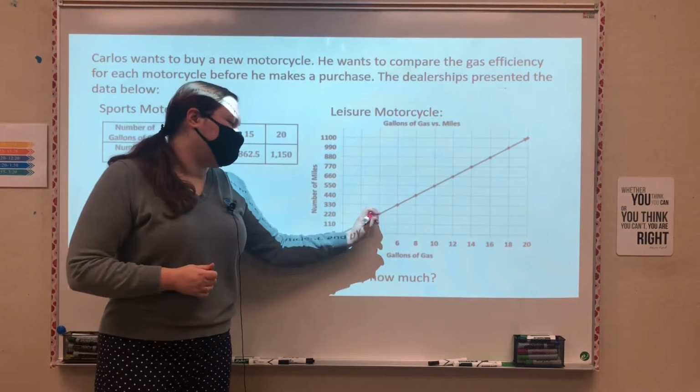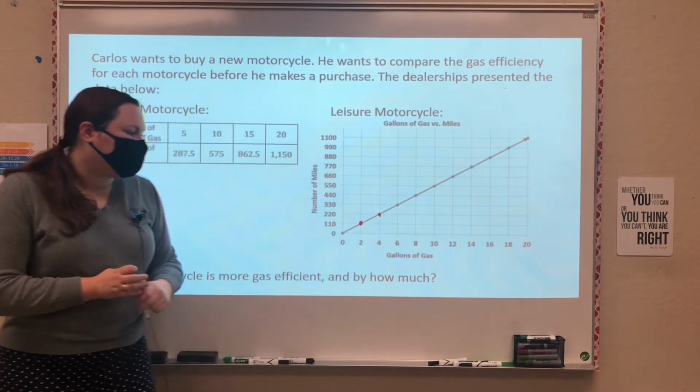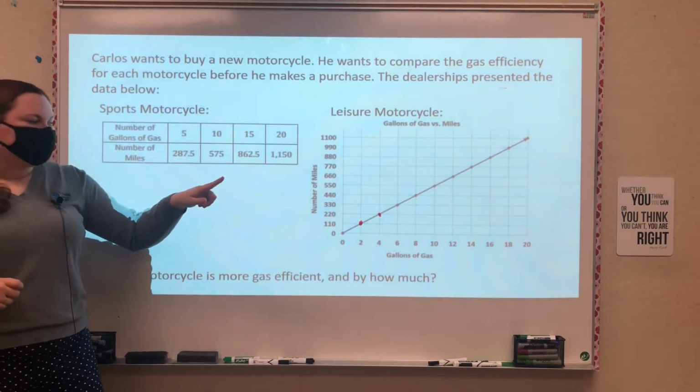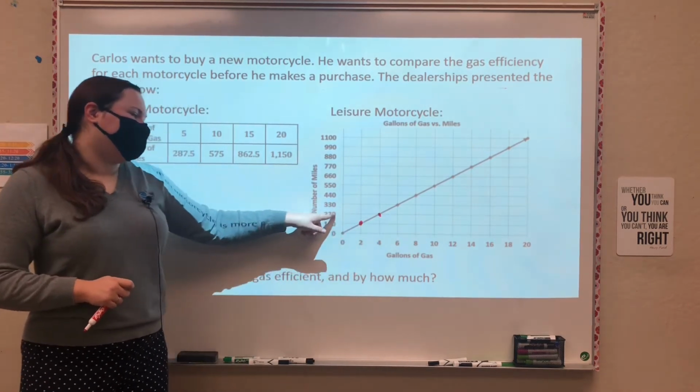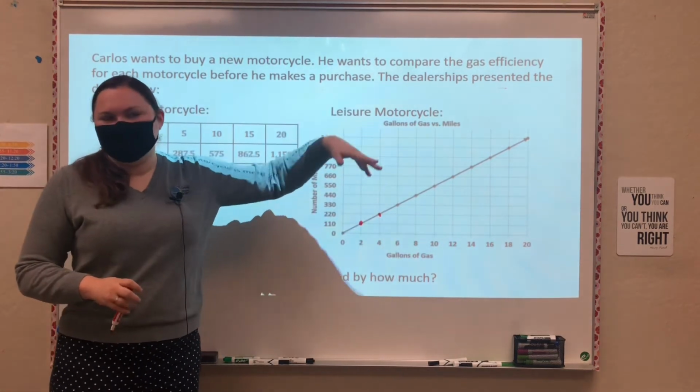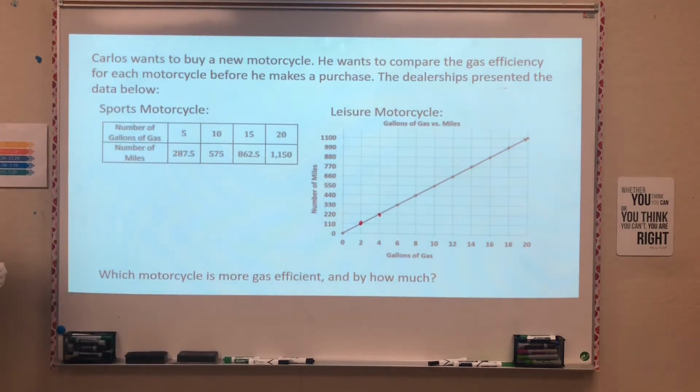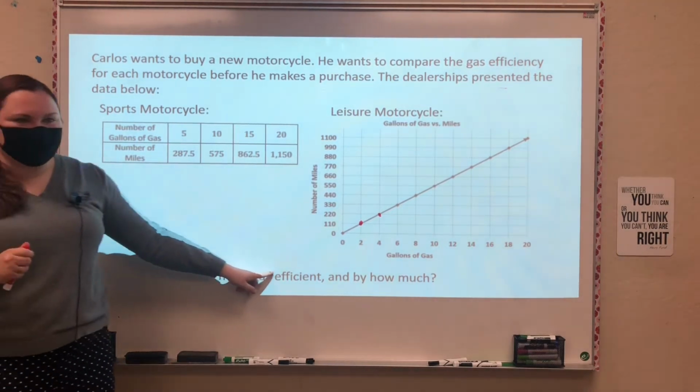We could keep doing it with the graph too. This point here is telling you 4 gallons and 220 miles. Yep, it takes 4 gallons to go 220 miles, and we could keep reading this, but I think you got the point. The question's asking, which motorcycle is more gas efficient and by how much? To be gas efficient, what does that mean?